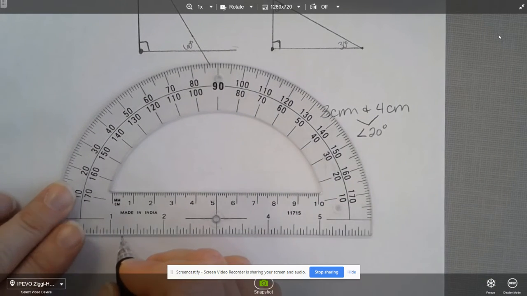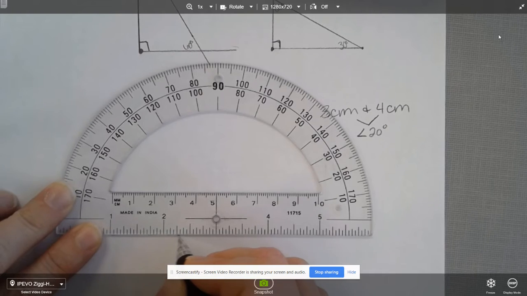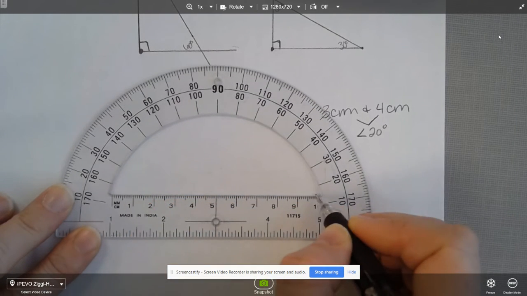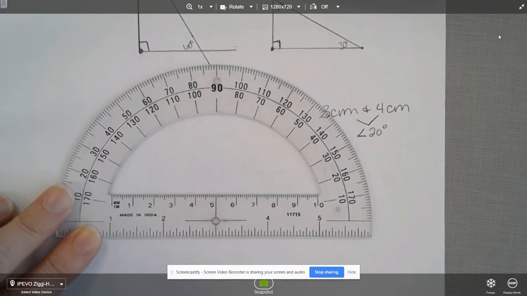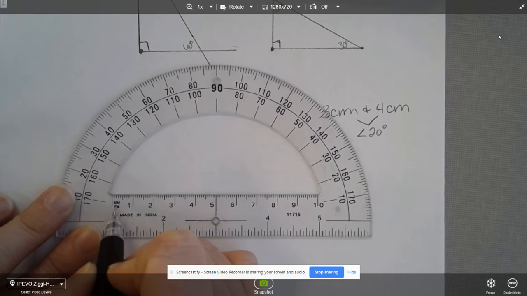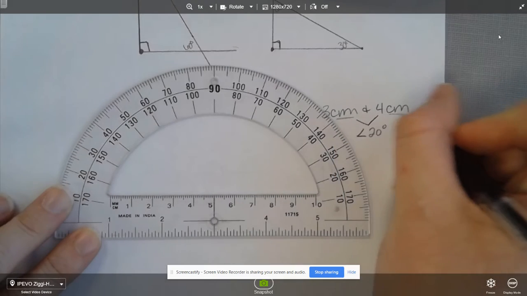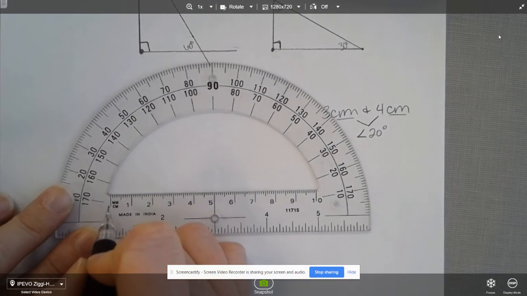Okay, I'm going to look at my units that I have here. If I look down here, these are actually inches on the bottom of my protractor. If I look on the inside, this is another straight line. So this is another area that we have measurements. I'm going to use these because it says centimeters and millimeters. Now I want to focus on the centimeters because that's what it's telling me that my units are in. So centimeters from this position to this position, that is 1 centimeter.